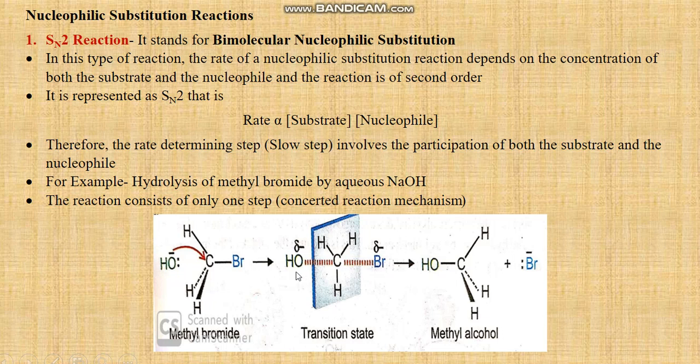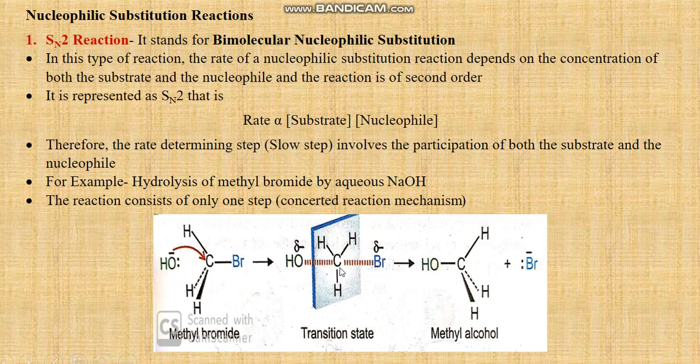As the hydroxide ion approaches the central carbon atom, the negative charge present on the hydroxide ion diminishes gradually and the bond formation takes place between carbon and hydroxide ion.